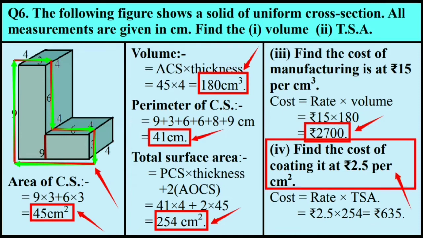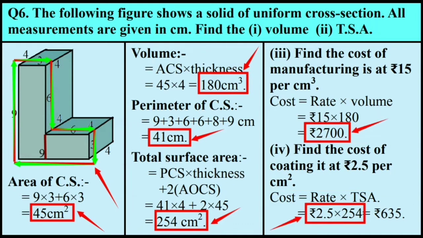The next tag put in the question here is to find the cost of coating or painting it at rupees 2.5 per centimeter square. The cost of coating the figure is rate of coating multiplied by total surface area, and here in the expression rupees 2.5 is the rate of coating it and 254 is the total surface area of the figure.